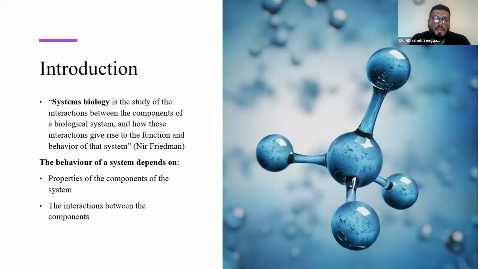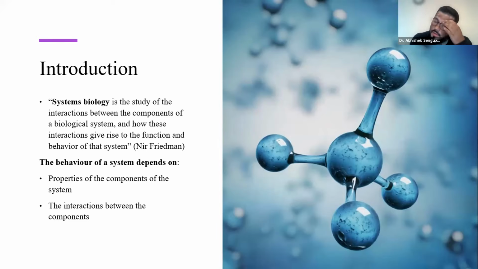Those behaviors are coherent behaviors; the components keep interacting among themselves and give rise to behaviors of a system. Those behaviors are exactly a bird's eye view of the whole system or its function, or it could be in the form of a certain phenotype or physiological role of that system.